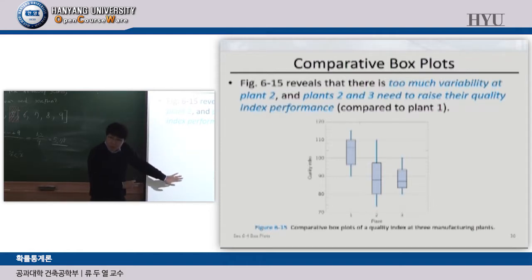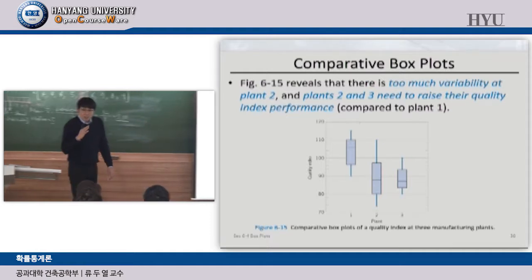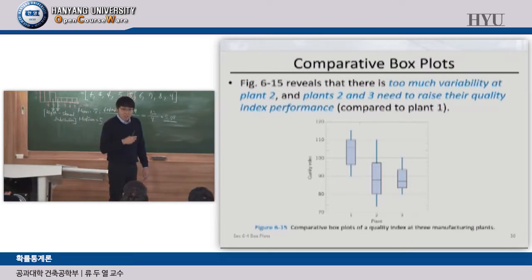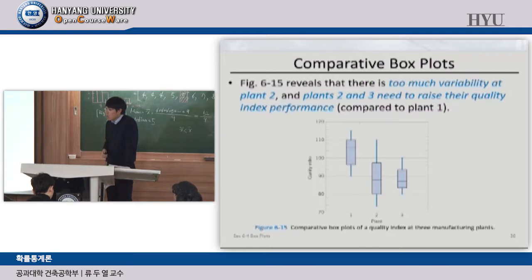So from this box plot, we can simply determine that plants 2 and 3 should increase their quality index performance as compared to plant 1. So from this box plot, we can interpret the data effectively: the scatter of the data points and also the median value. This is the reason why we sometimes use the box plot instead of the histogram.